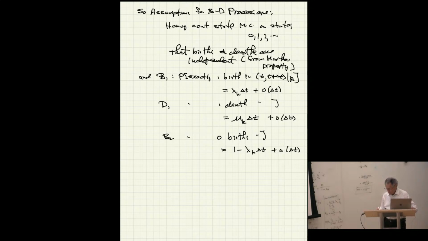So to first order, it's 1 minus lambda k delta t. And D2, similarly, probability of 0 deaths is equal to 1 minus mu k delta t plus little o.